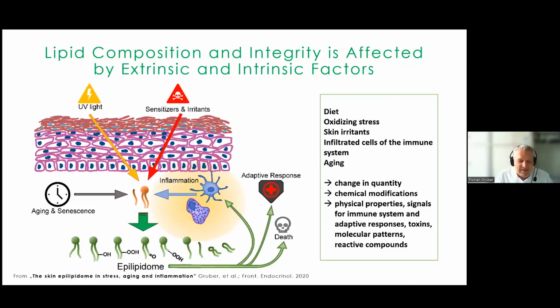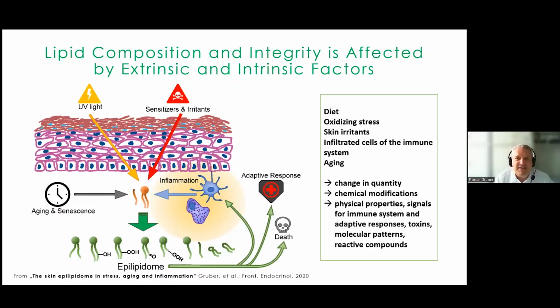But the changes in the lipid composition beyond the big diseases are also interesting and relevant, and especially for us, there is an interest in the extrinsic stressors in diet or aging on lipids that manifest also in biological consequences.